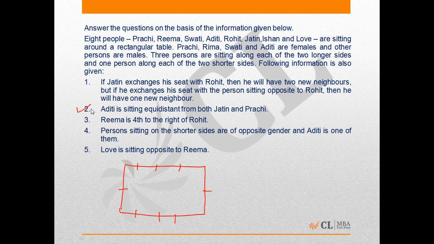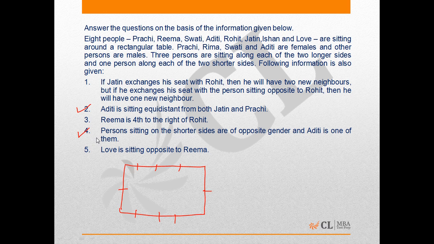Let's start with statement 2, in which it is given that Aditi is sitting equidistant from Jatin and Prachi. That cannot be fixed at this juncture. Come to statement 4.